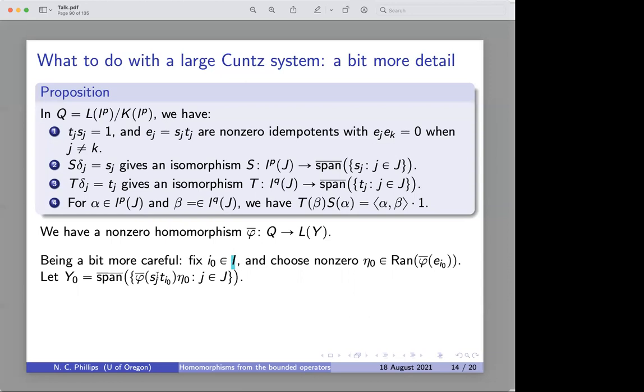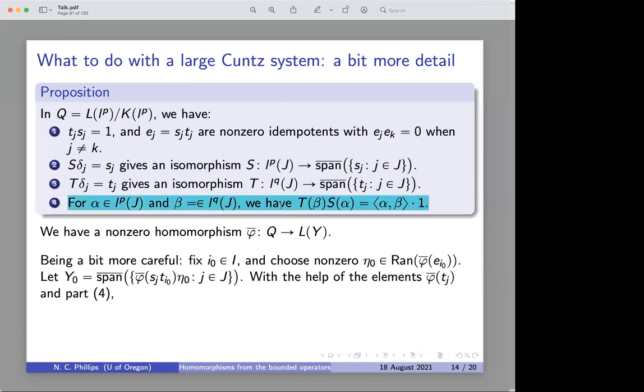So these things, SJ, TK, let's say, they are basically an uncountable collection of matrix units. And what this does is it sends a non-zero vector into the range of phi bar of EJ. And using the elements phi bar of TJ, which I didn't mention on the previous slide, and also this part 4 part with, whoops, there's a mistake there. That equal sign is not supposed to be there.